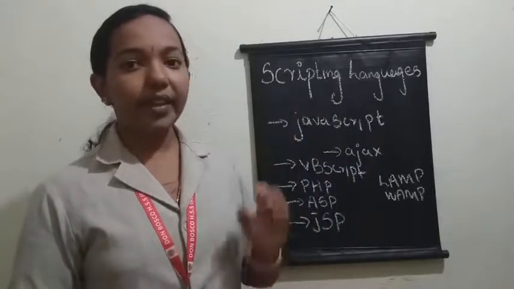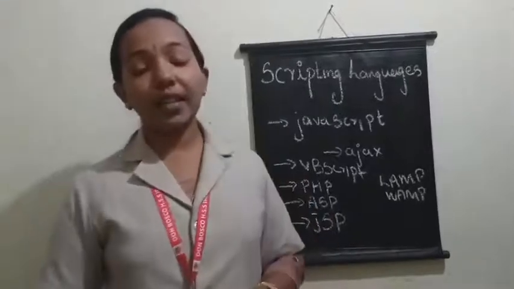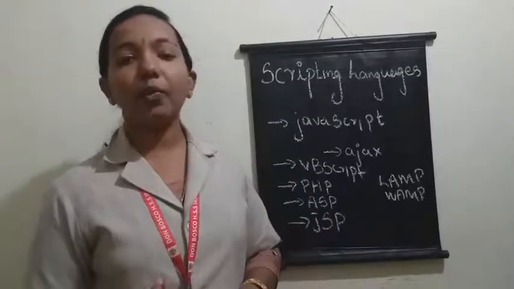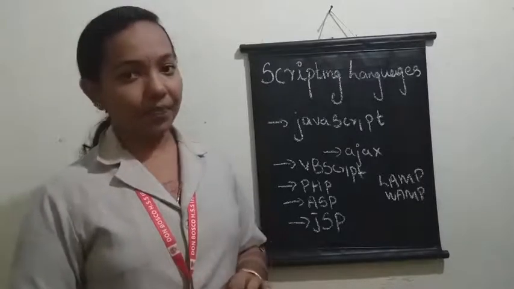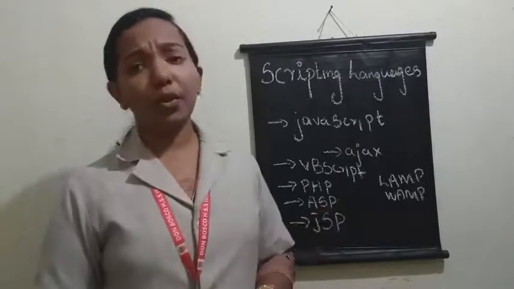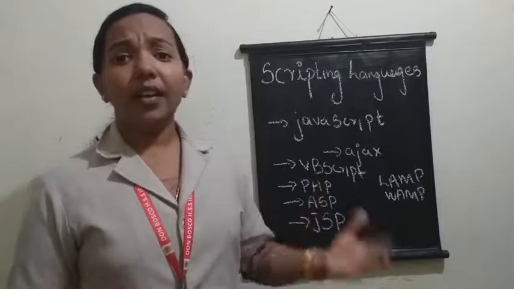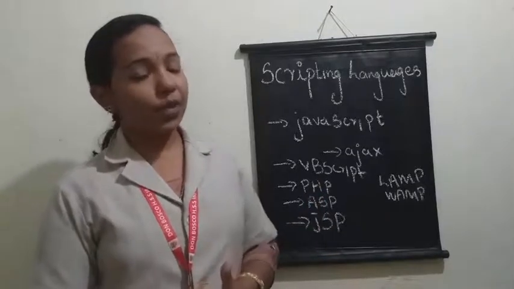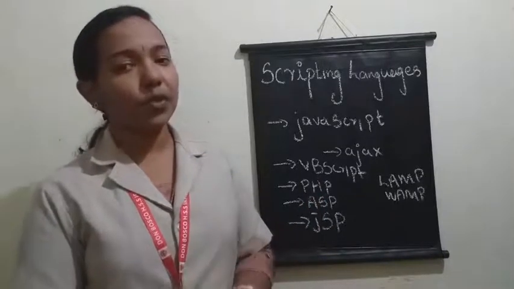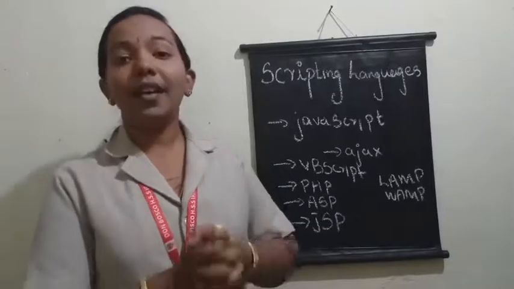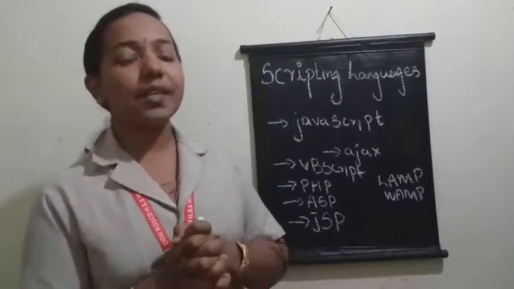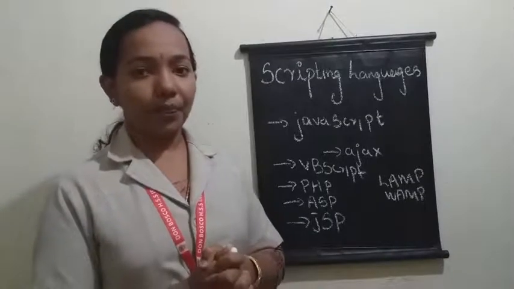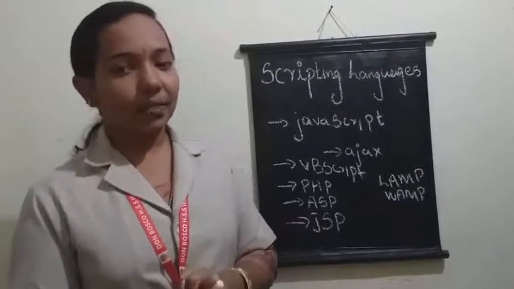So definitely in this server-side scripting language, we are using the programming language Java for the creation of web pages. This is also used for creating dynamic web pages, and it is also an example of a server-side scripting language. Clear?